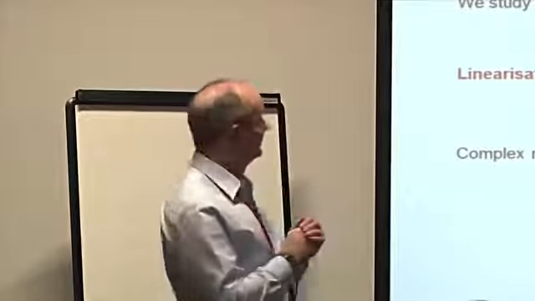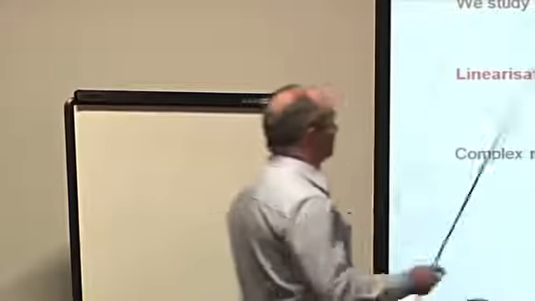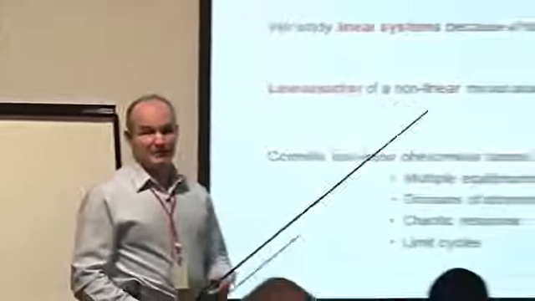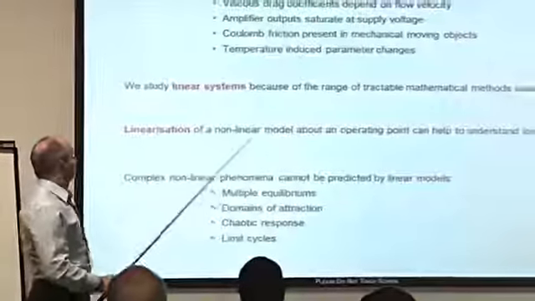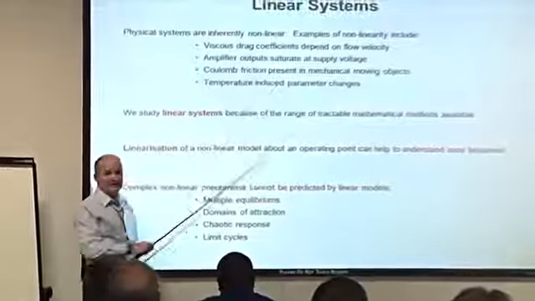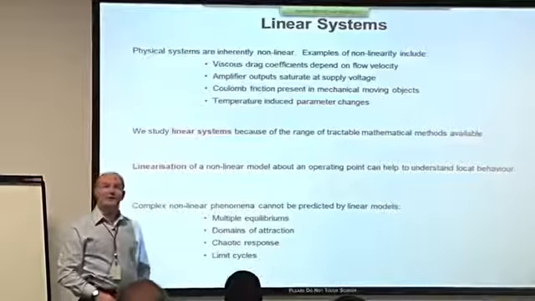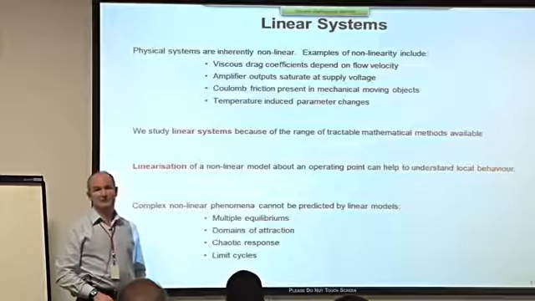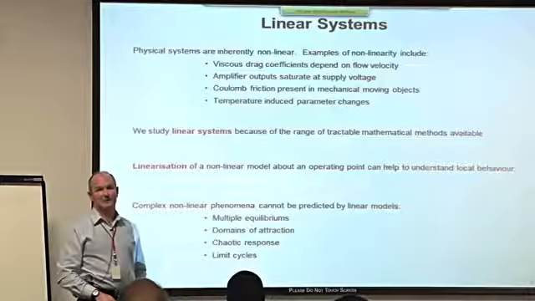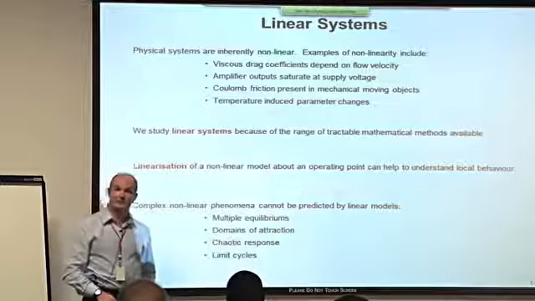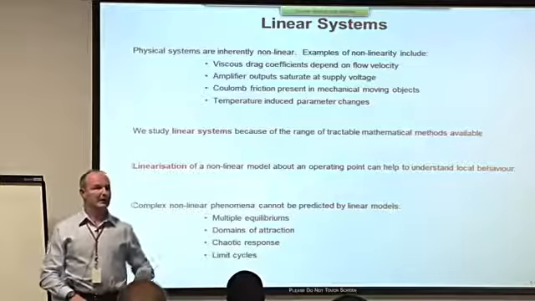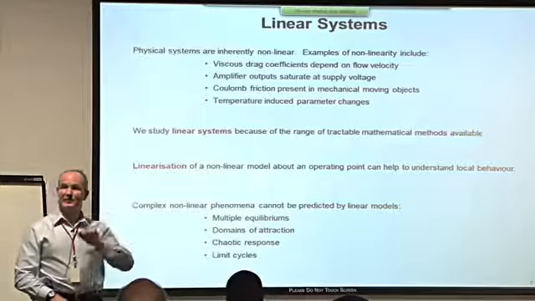It's so much easier to work with systems which are linear than it is to work with them when they're nonlinear. Some examples of nonlinearity, because of course we're approximating reality by doing this, are things like viscous drag, amplifier saturation, Coulomb friction, temperature-induced parameter changes. Linear models can't capture those sorts of effects, so we are at best making an approximation. Sometimes we do that by using a linearization about a set operating point.